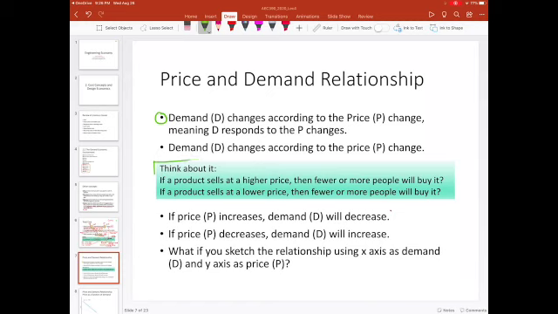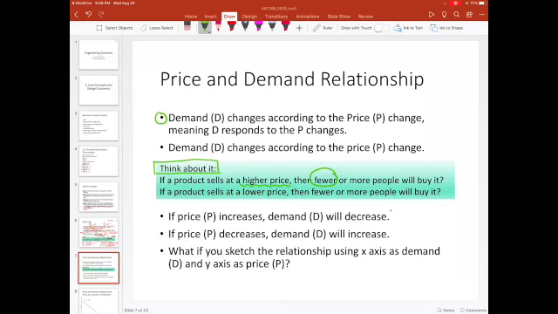And then think about this question. If a product sells at a higher price, then will fewer or more people buy it? I think it's fewer. Because it's more expensive, people wouldn't spend that much on the same product.